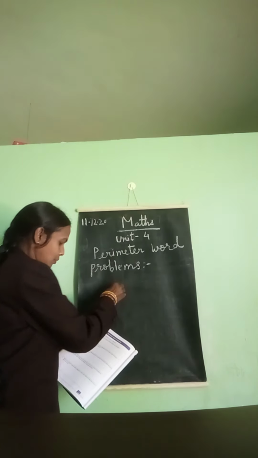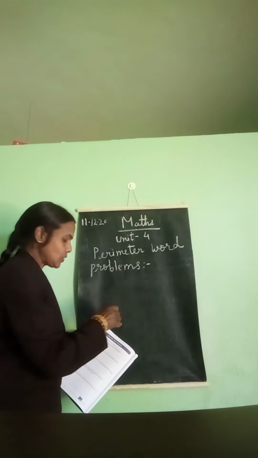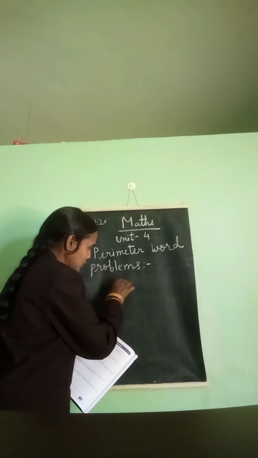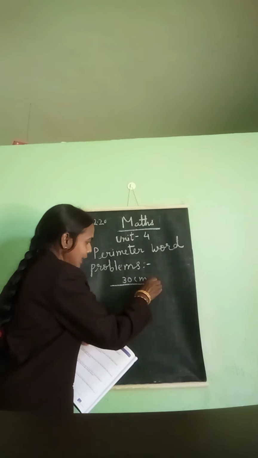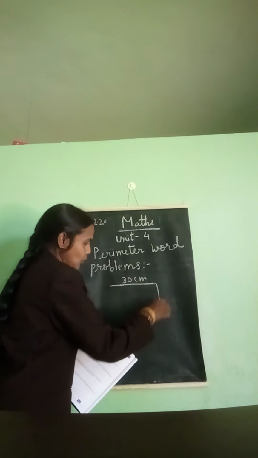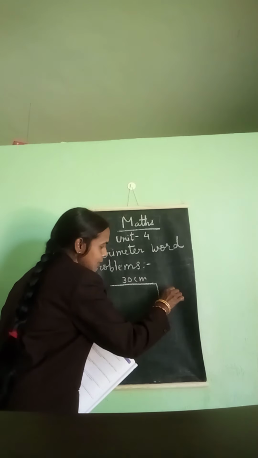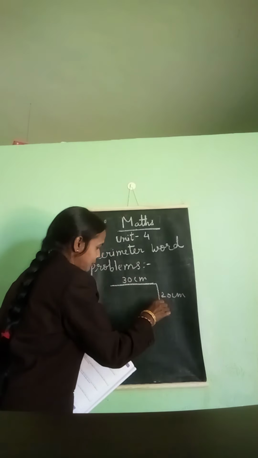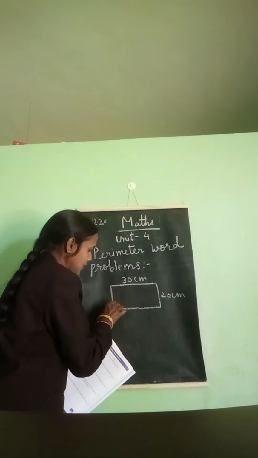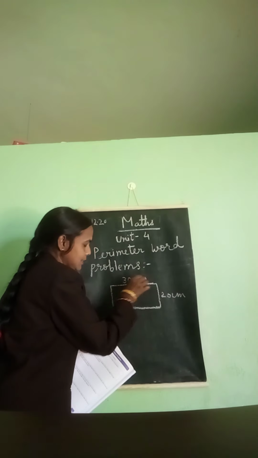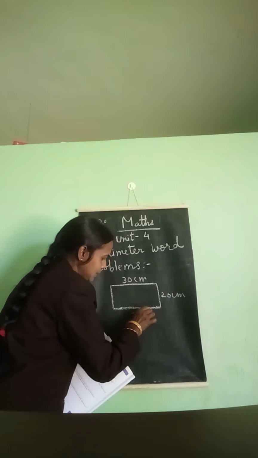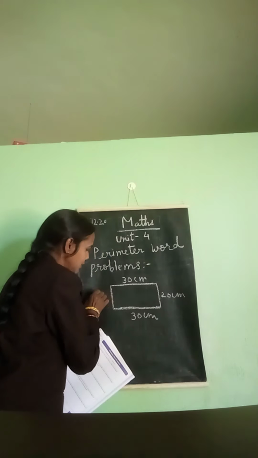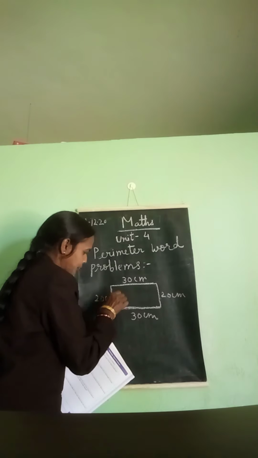There is a picture whose length is 30 centimeter and breadth is 20 centimeter. If this side is 30, the opposite side should also be 30, and this is a rectangle.